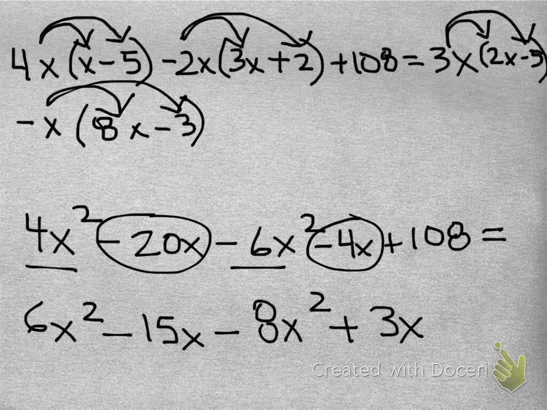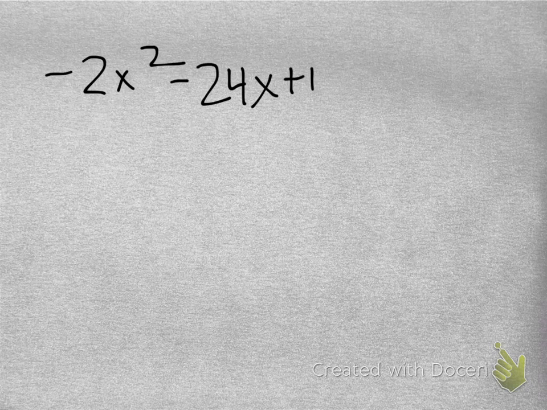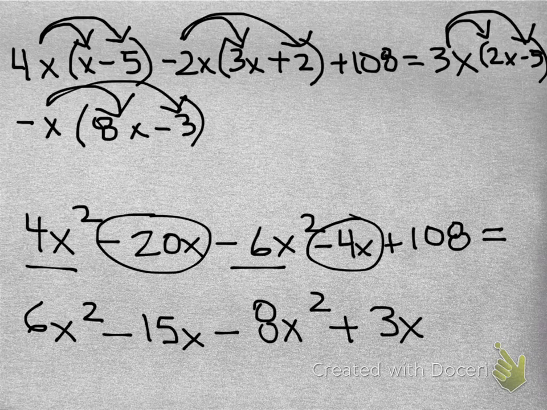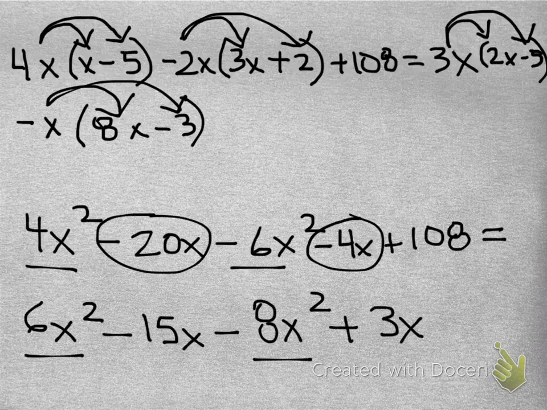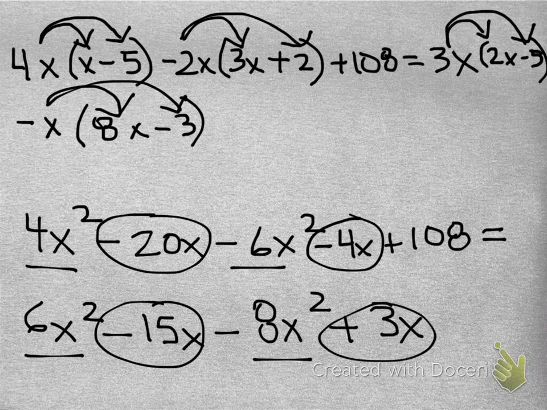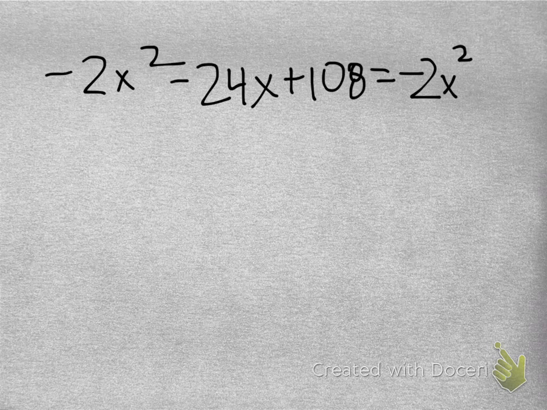Then we can do plus 108. And then that equals 6x squared minus 8x squared is negative 2x squared. Then we have negative 15x plus 3x, which is negative 12x.